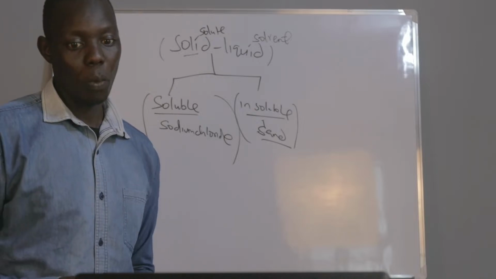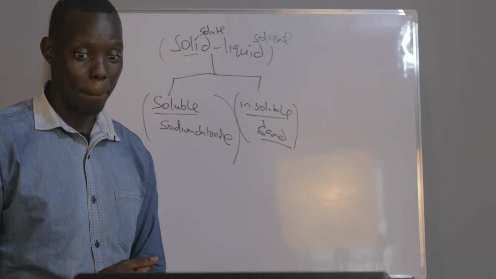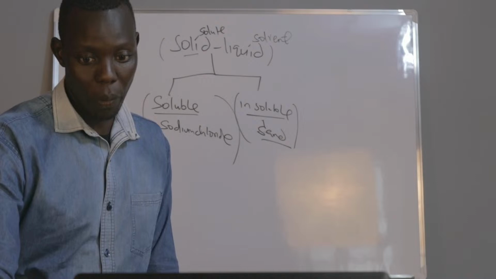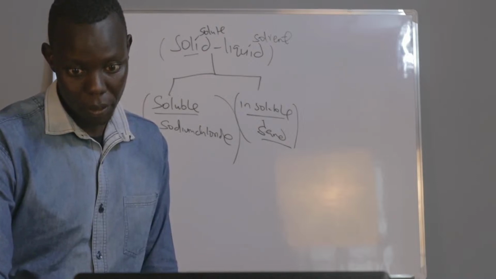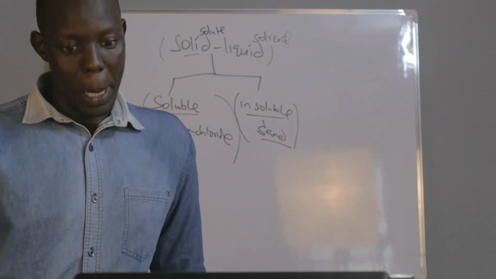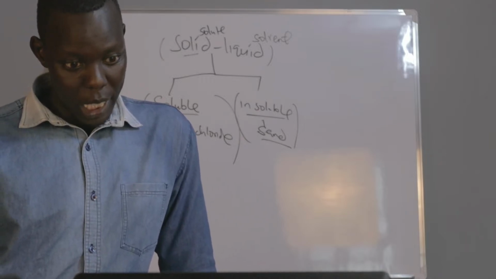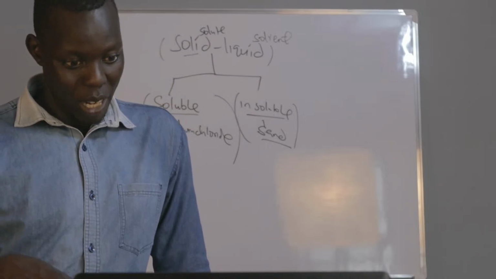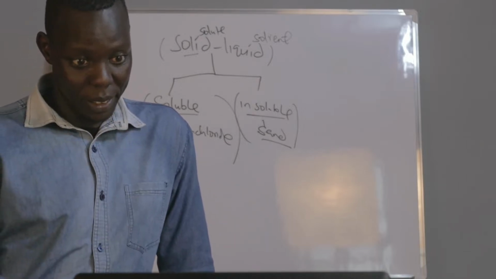If the solid is soluble, then which method can we use? Filtration, you can add water then you filter. If the solid is soluble and dissolved in the liquid or the solvent, how can we separate it?